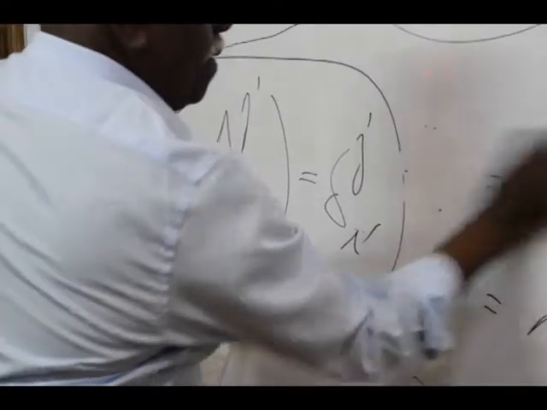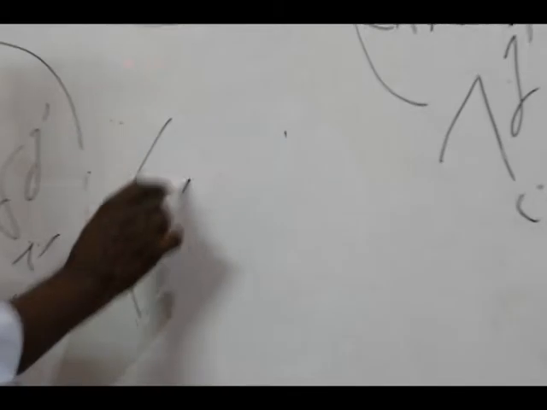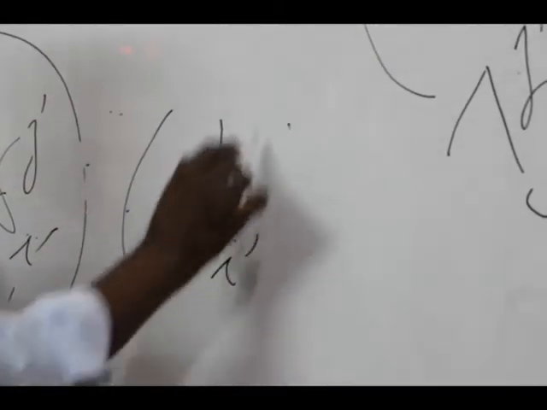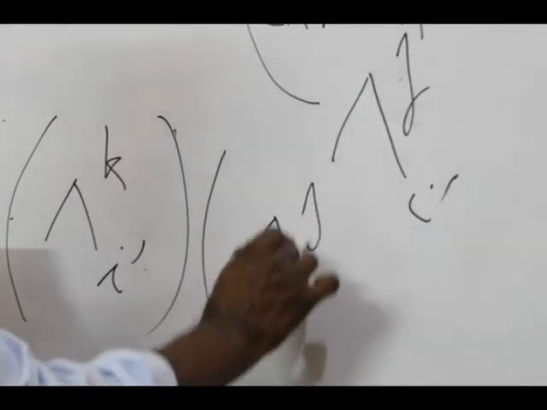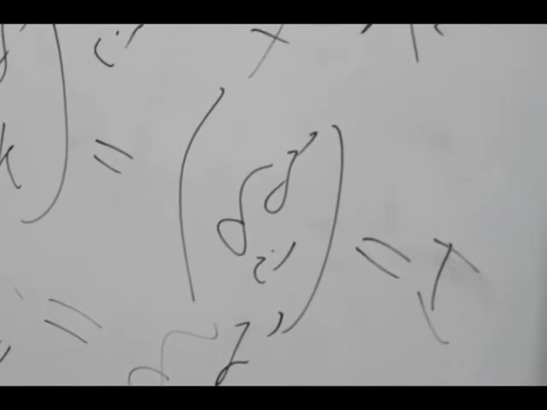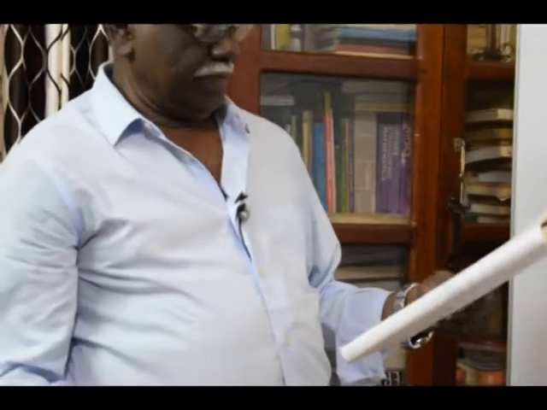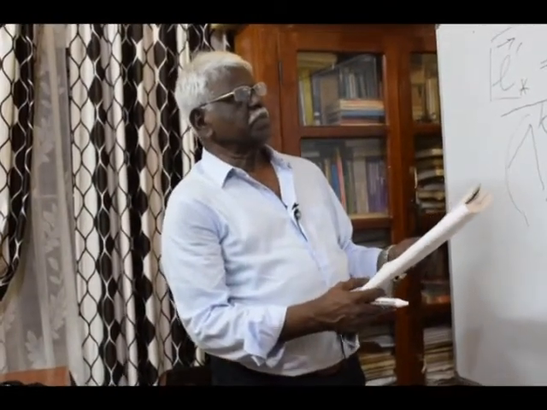So when you take the matrix notation, matrix lambda k i dash into matrix lambda j dash k equals matrix delta j dash i dash, which is the identity matrix I.